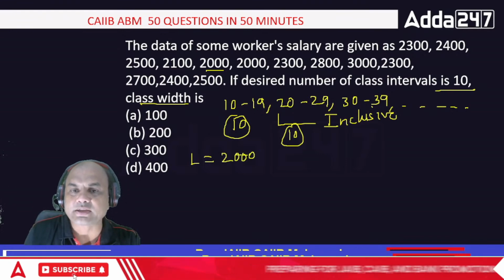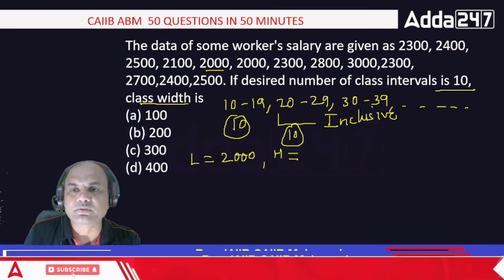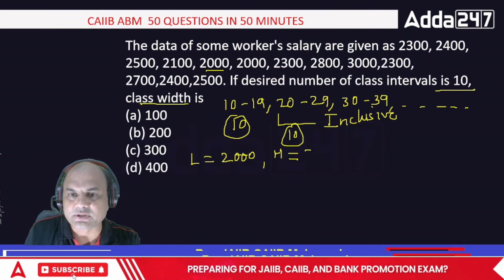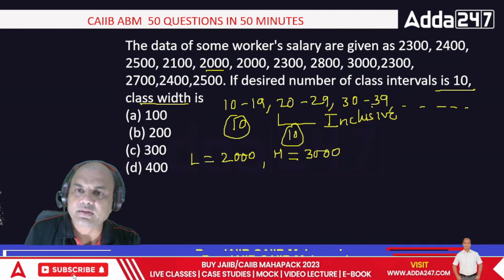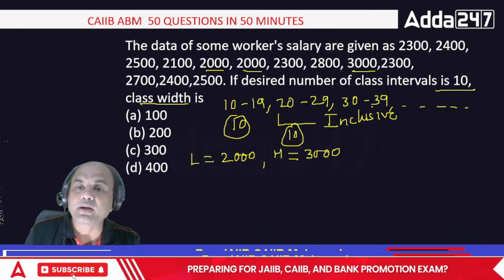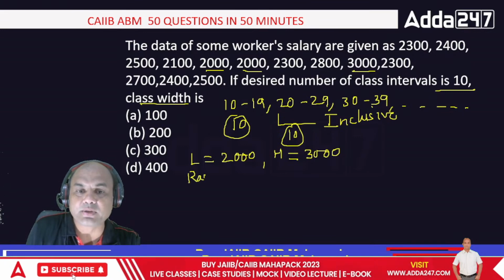Then I'll find the highest, which is 3000. Now how do we find the width? Firstly, you'll have to find the range. What is range? Understand the meaning of range.